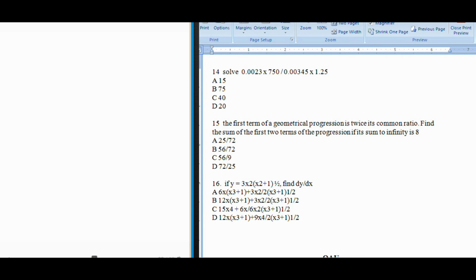So, we are given this: if y is equal to 3x squared into x squared plus 1, everything raised to power half, then we have to find dy/dx.